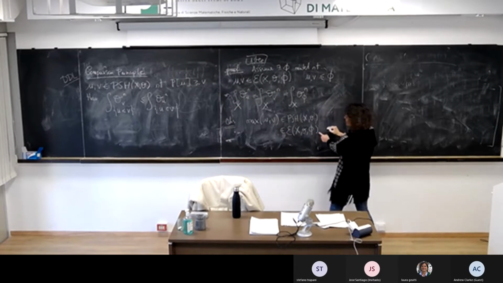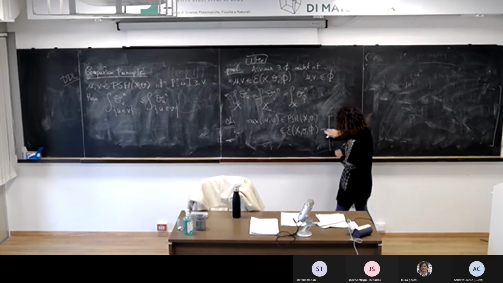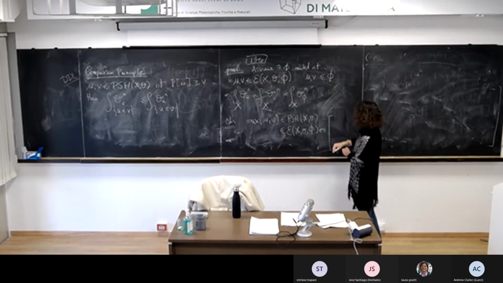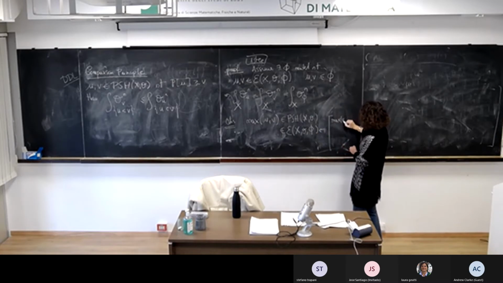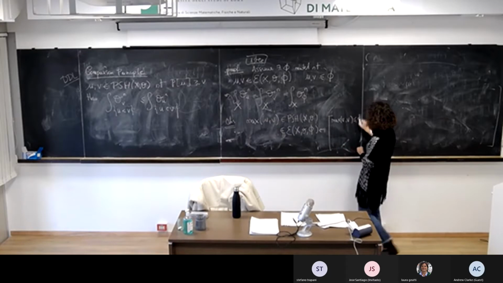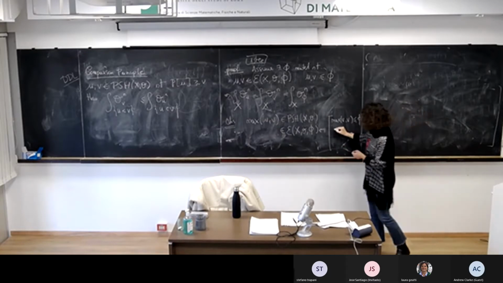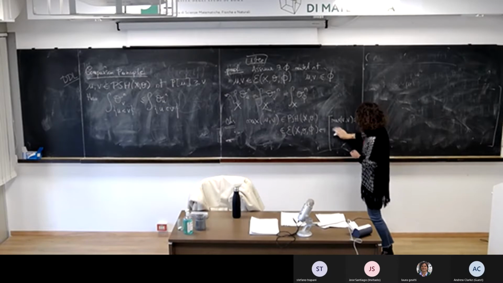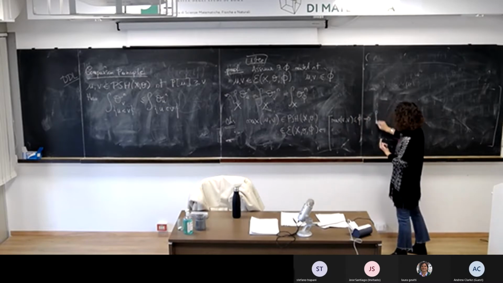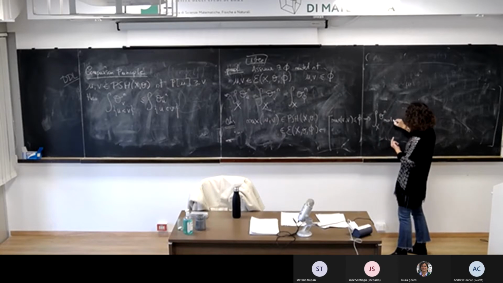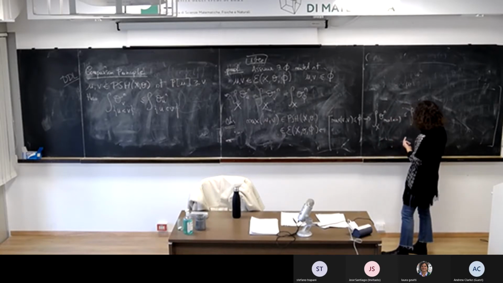Okay, let me explain this. Why is that? Let me prove this first. Since these two are less singular than phi, then the maximum is again less singular than phi, right? But also, this implies that the mass of the maximum is less or equal than the mass of phi.